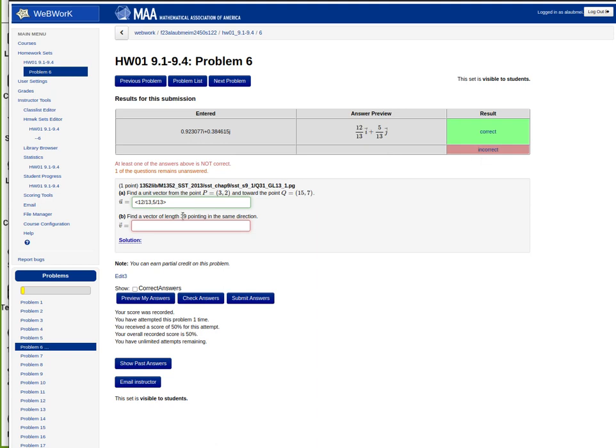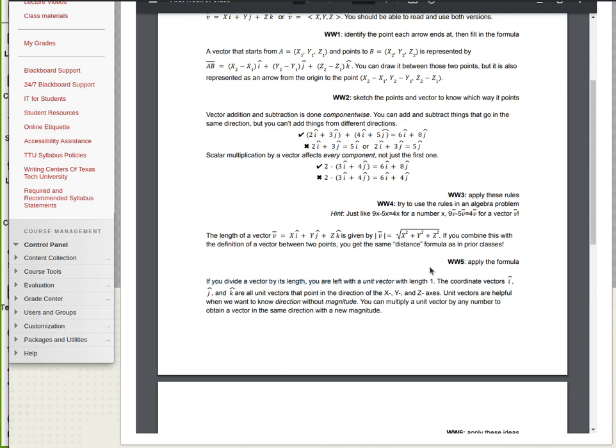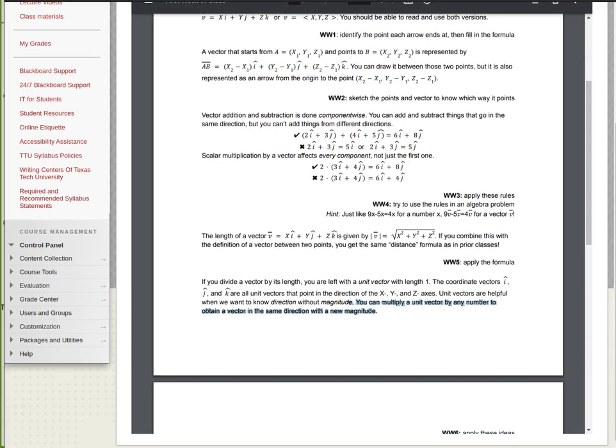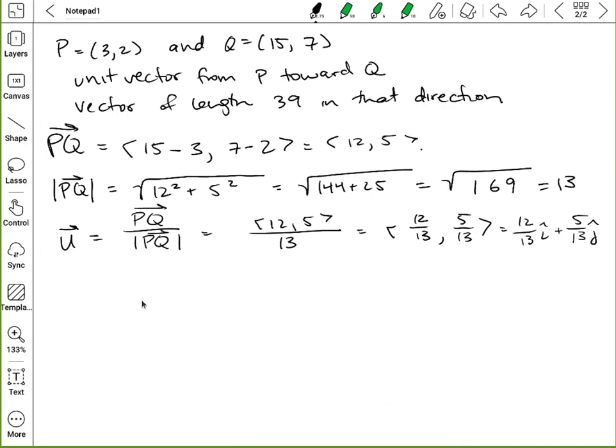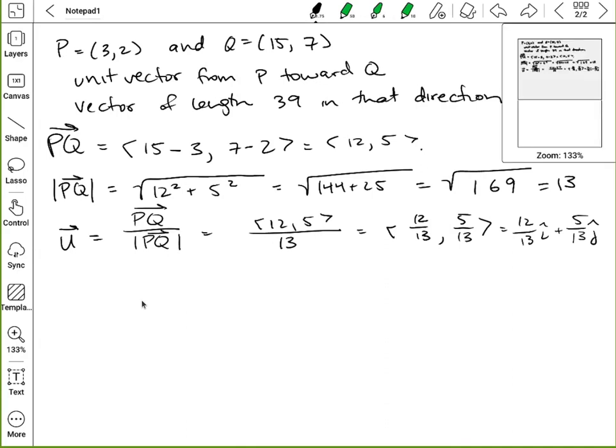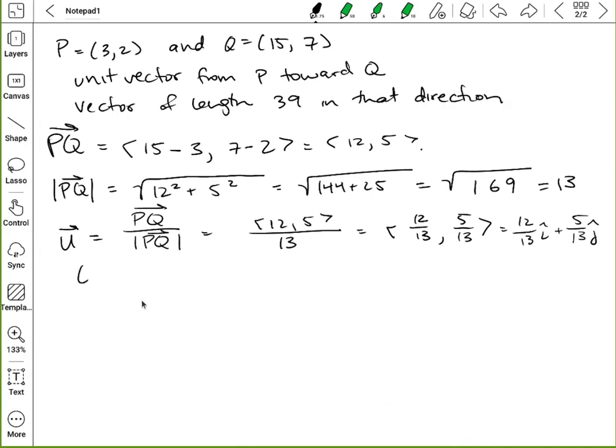I haven't answered the second part though. Okay, so the second part is: find a vector of length 39 pointing in the same direction. And so right here, you can multiply a unit vector by any number to obtain a vector in the same direction with a new magnitude. So what that means is, hold on, I'm going to write that this is a unit vector in direction PQ with length 1.